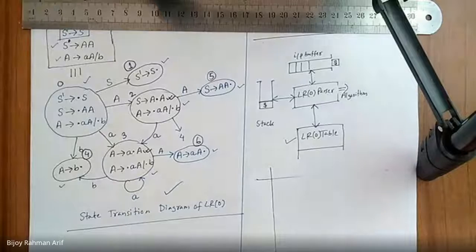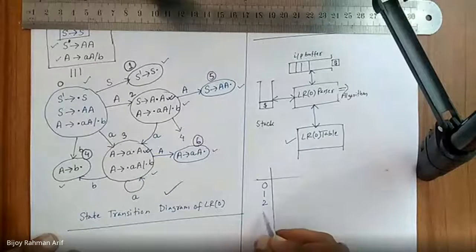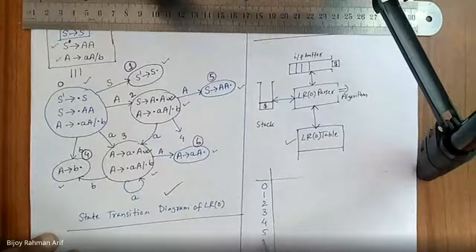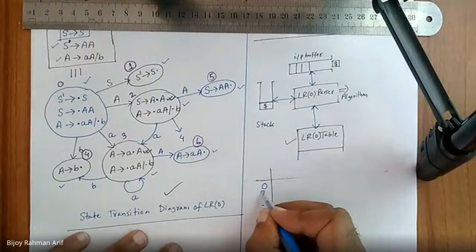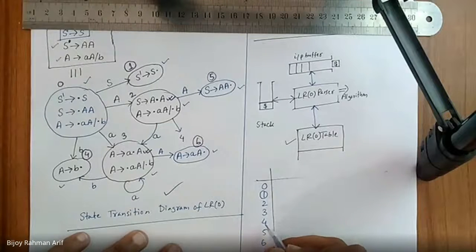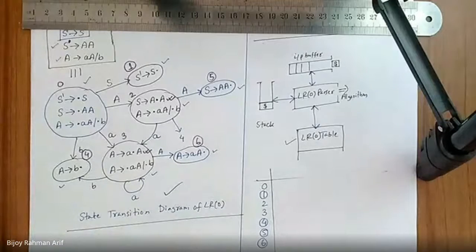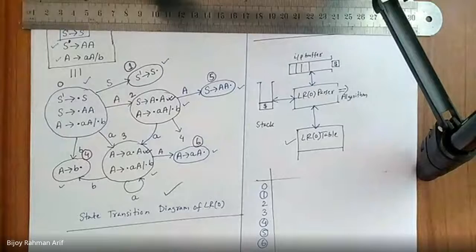So what are the states? 0, 1, 2, 3, 4, 5, 6. At the leftmost column, we are going to write all the states, 0 up to 6. Out of these states, number 1 is a final item, number 4 has a final item, number 5 is a final item, number 6 is a final item. So for remembering, I have circled the final item states using a circle.